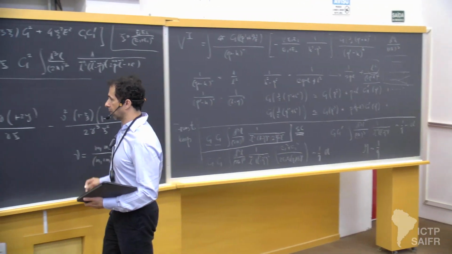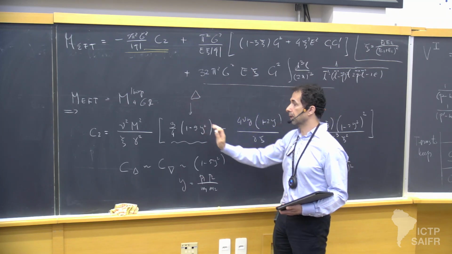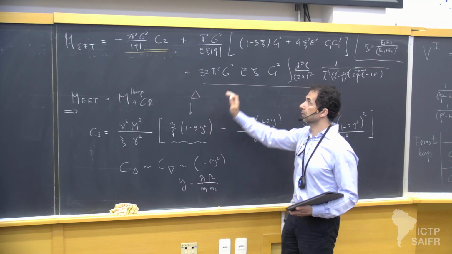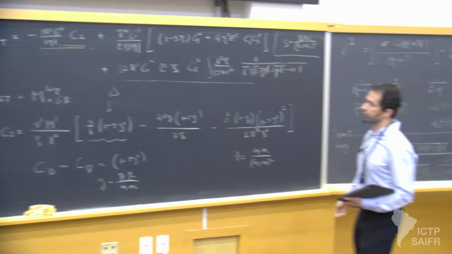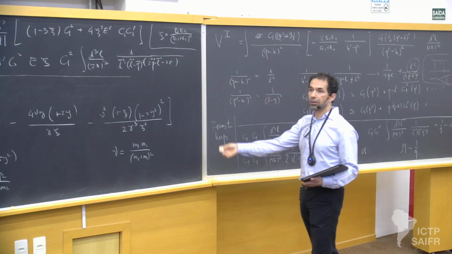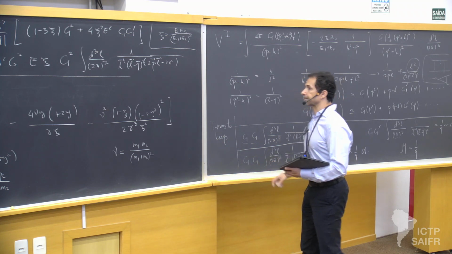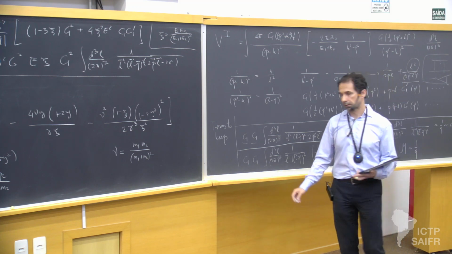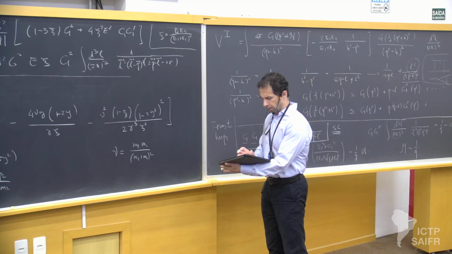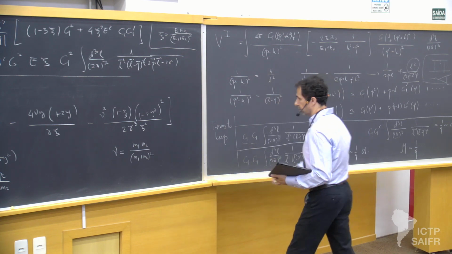So again, what I wanted to emphasize is that it's not that in this form the Hamiltonian picks up just a piece from the amplitude, but it has also some pieces that come from the subtraction and from the matching with the effective field theory. Okay. Any questions? Any more questions? Right. So how do we compute the triangles?